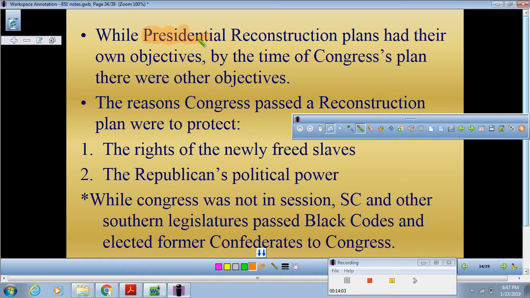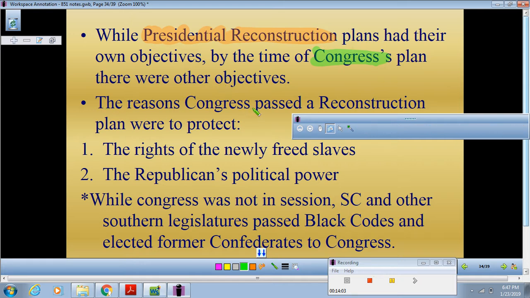We just talked about the presidential Reconstruction plans. Now we're going to talk about congressional Reconstruction plans, which were carried out by a group called the Radical Republicans. While presidential Reconstruction plans had their own objectives, by the time of Congress's plan, there were other objectives.